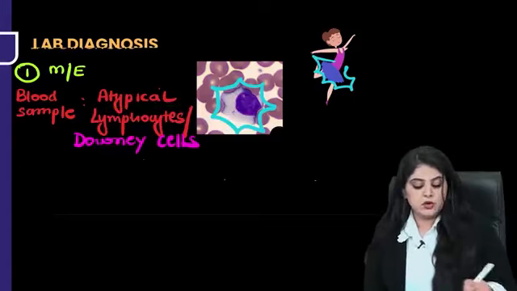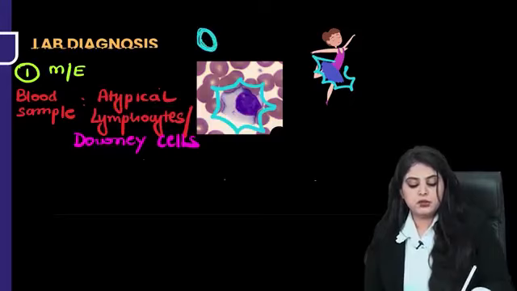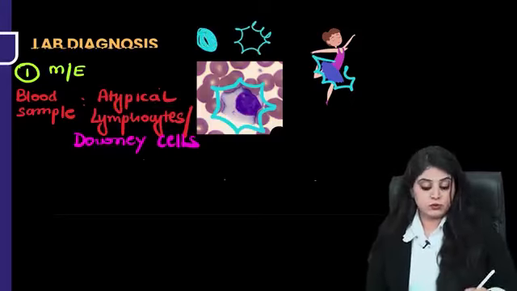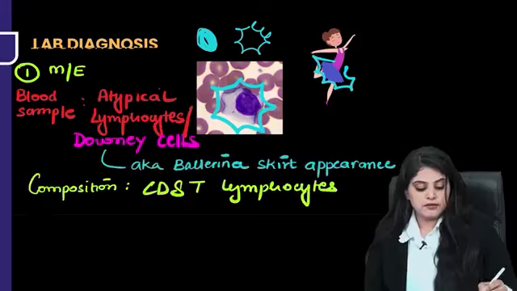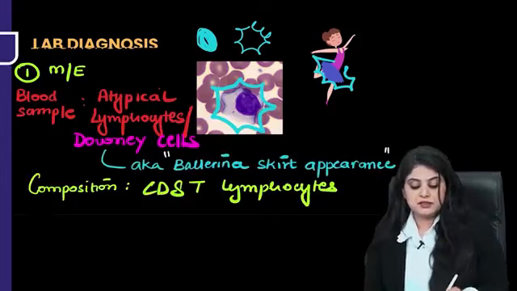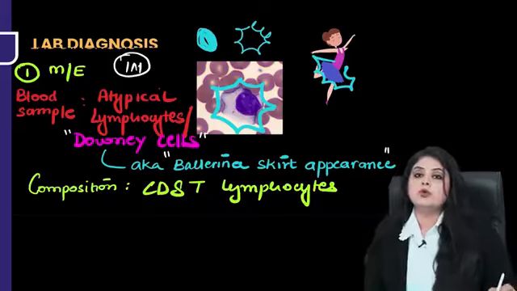Means when I draw a lymphocyte, I always draw a round cell. Suddenly, I'm drawing a cell which is looking like a ballet skirt. So that is what I called it. I called it the very, very famous ballerina skirt appearance. Remember, ballerina skirt appearance or Downey cell, you will mark infectious mononucleosis.